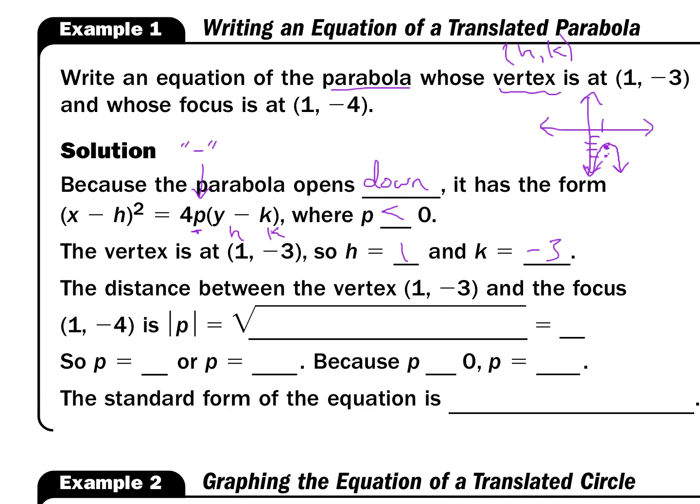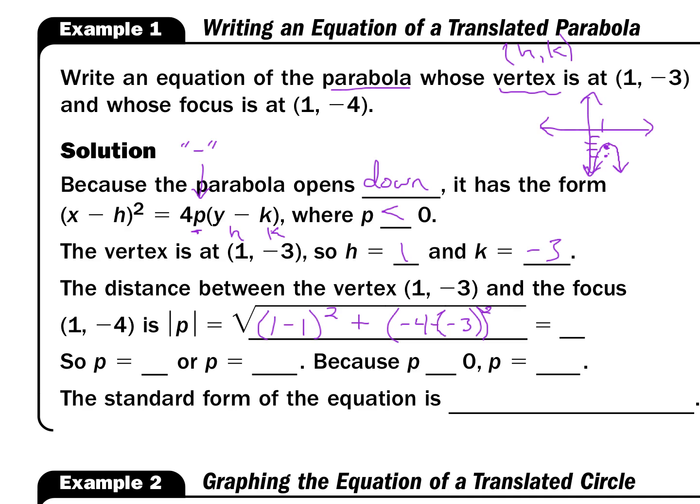The distance between the vertex 1, negative 3 and the focus 1, negative 4 is the absolute value of p is equal to, and of course that's going to be our standard distance formula, so that would be the square root of (x2 minus x1), which is 1 minus 1, squared, plus the quantity (y2 minus y1), which would be negative 4 minus negative 3, squared.